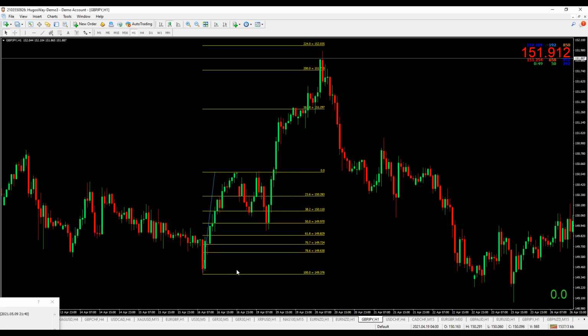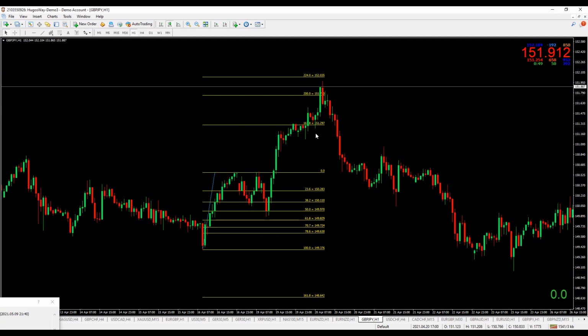Sorry, did I say 0? The starting point is always 100 and the ending point is 0. So when we are using the Fibonacci, we're expecting that the price would start here to 0 and it will pull back before going above 0. So any price above 0 on this occasion is the negative Fibonacci levels.